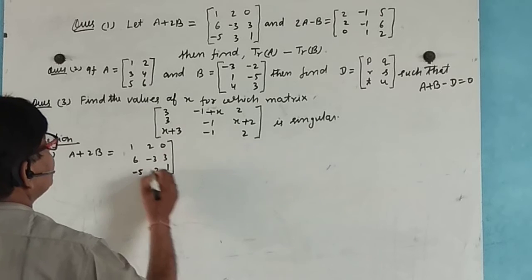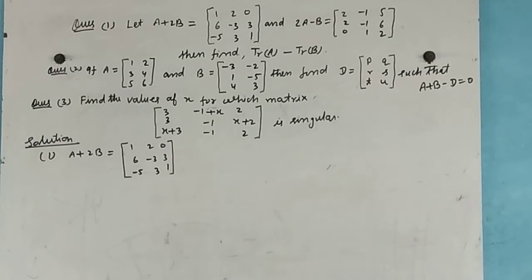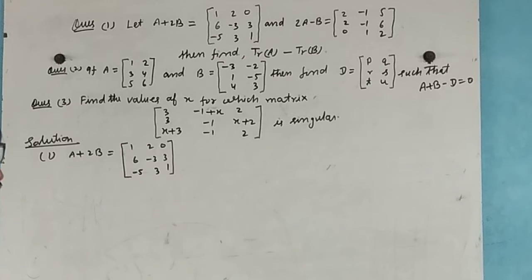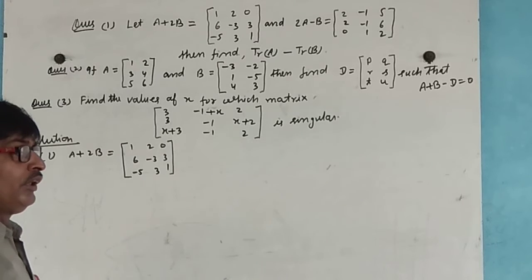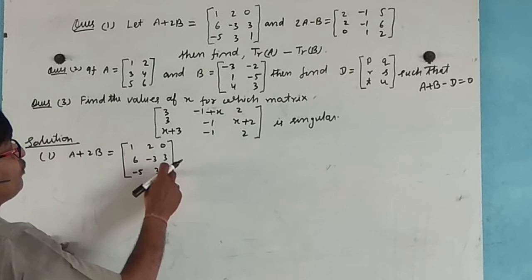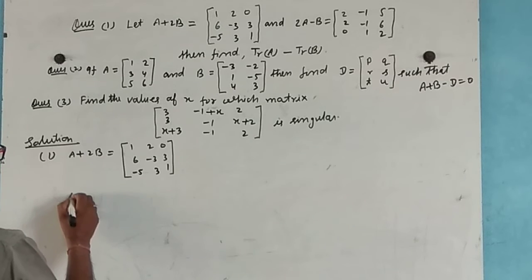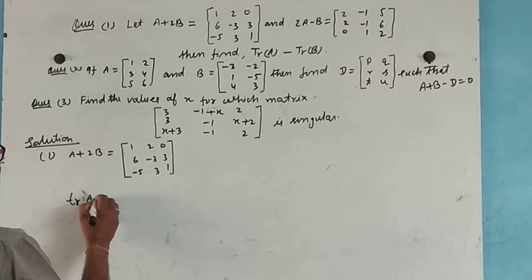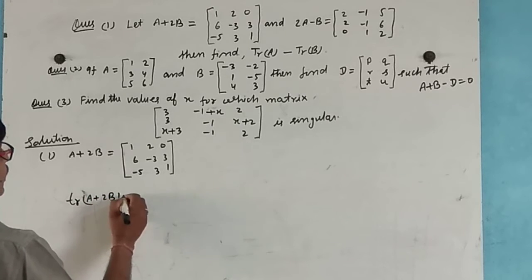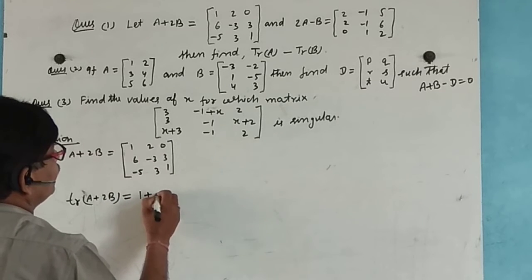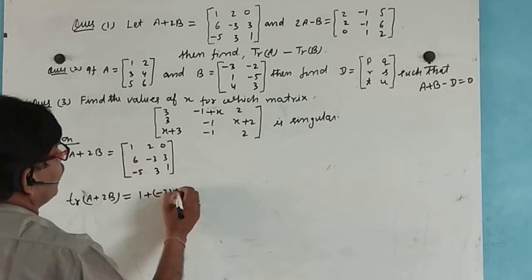Here this is the matrix, and as you know, the trace is the sum of the elements of the principal diagonal. Here this is the principal diagonal, so trace of A plus 2B equals the sum of the diagonal elements, 1 plus minus 3 plus 1.